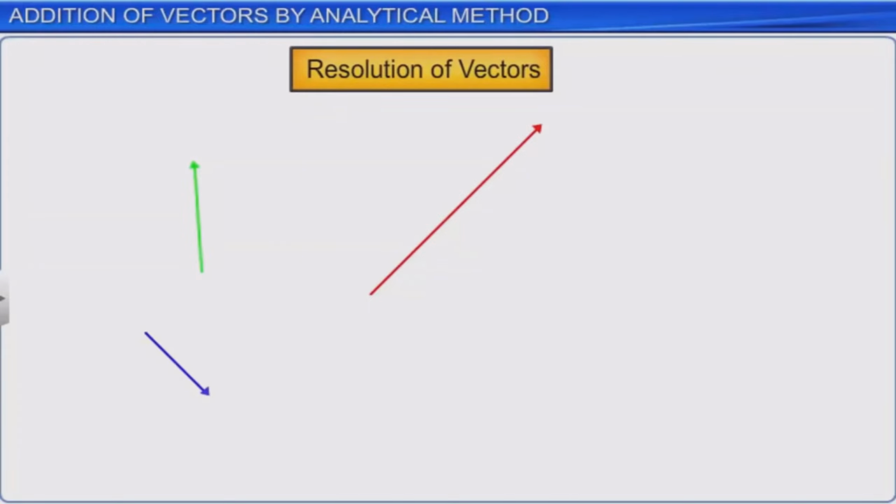To understand the resolution of vectors, consider three vectors A, B, and C lying in one plane. In this case, you need to resolve vector A along the directions of B and C. O and P are the tail and head of A respectively.